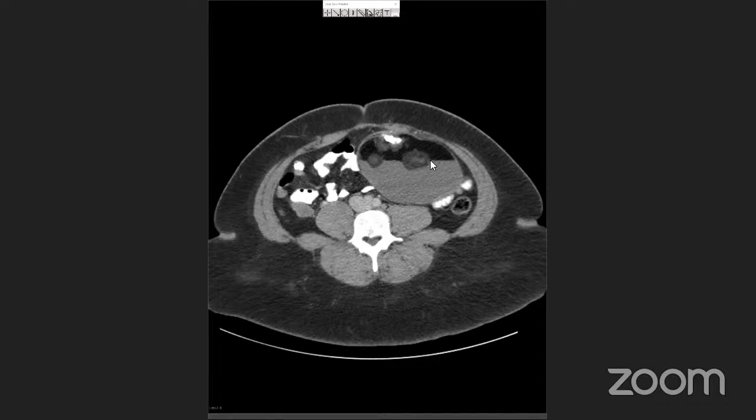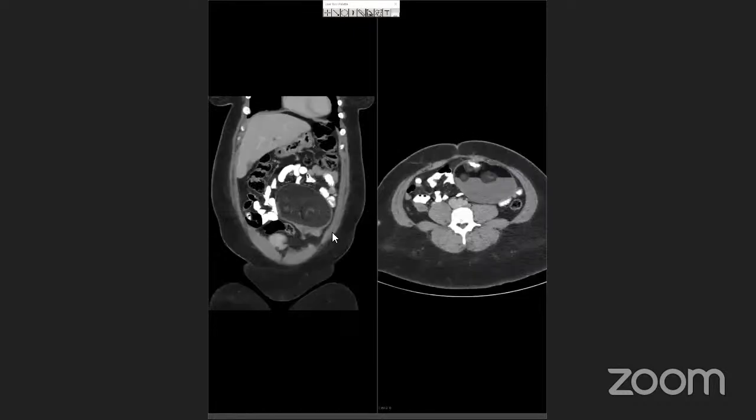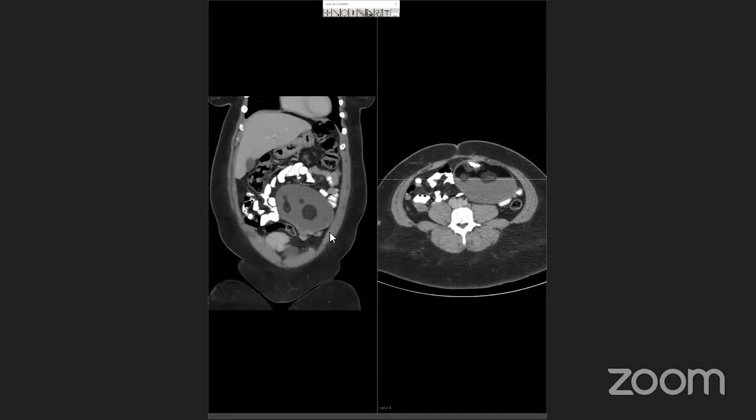And then, so you do have fat, and the fat is very helpful. Sometimes you could see calcium from teeth. You could see fat fluid levels and calcifications. So that is excellent. This is an ovarian dermoid, or otherwise known as a mature cystic ovarian teratoma.